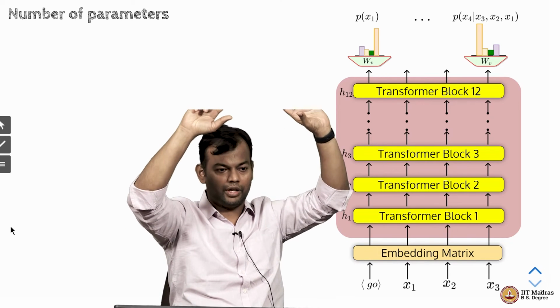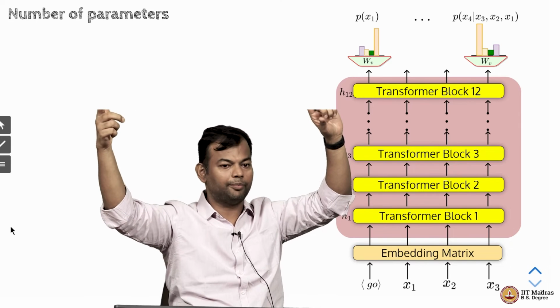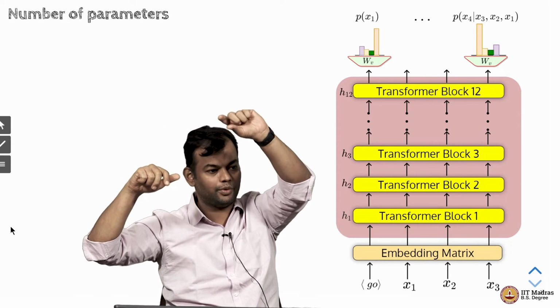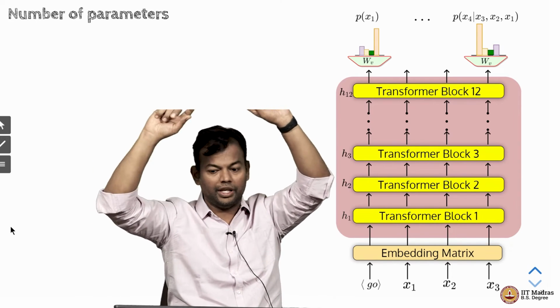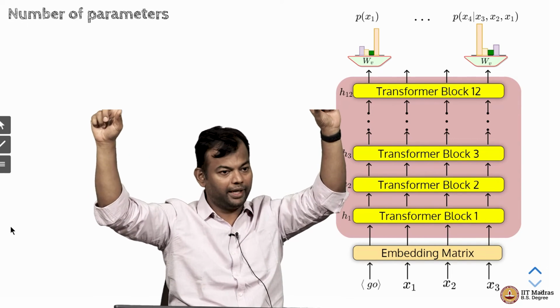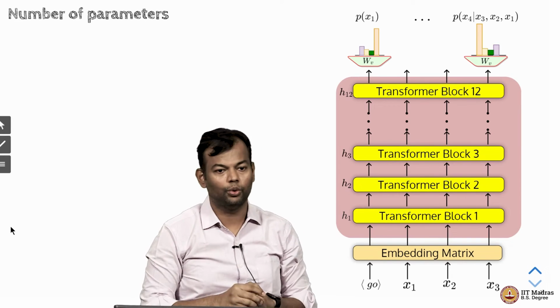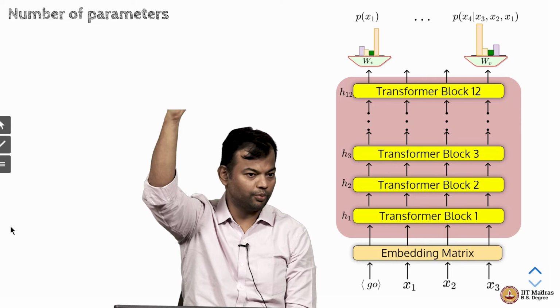And at the last layer you are applying softmax to convert these into 512 probabilities. What are these probabilities? P of x1, x2 given x1, x3 given x1 comma x2, x512 given all of the others, right? So those are the probability distributions that you are predicting. All of this is happening in parallel, and the mask is ensuring that you don't see anything which you are not allowed to see. Okay, and there are 12 such blocks.